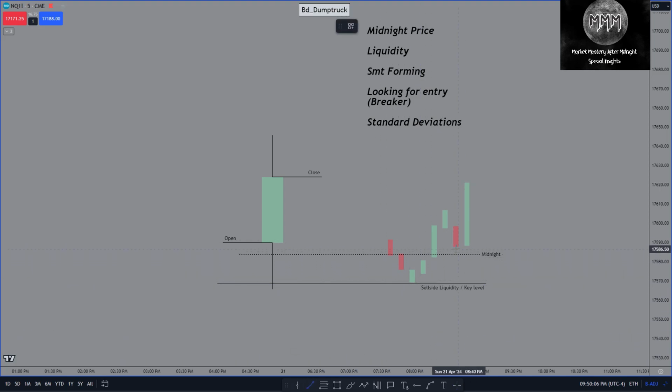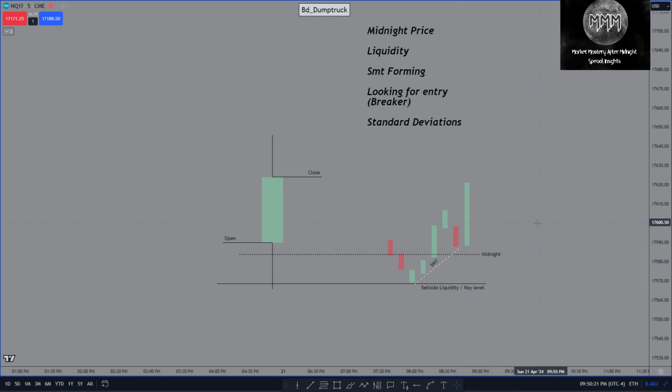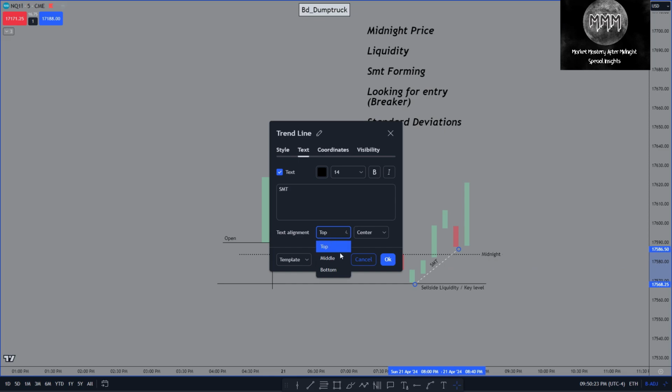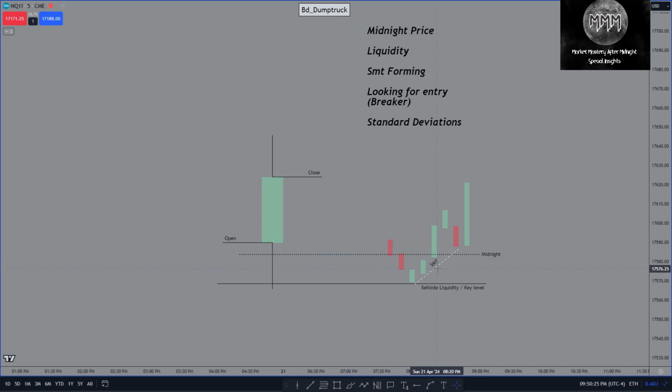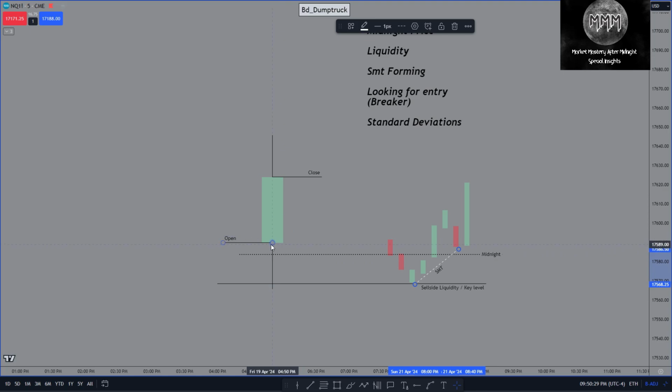We're seeing SMT here as the NASDAQ is coming down, failing to make this lower low, while the ES or the Dow would be making a lower low here, creating SMT. When we're seeing that SMT forming, that is when we're expecting the lower end of that 4-hour range to be forming, because we know we're in the wick of the 4-hour candle, and we know we have not seen distribution to the upside yet.